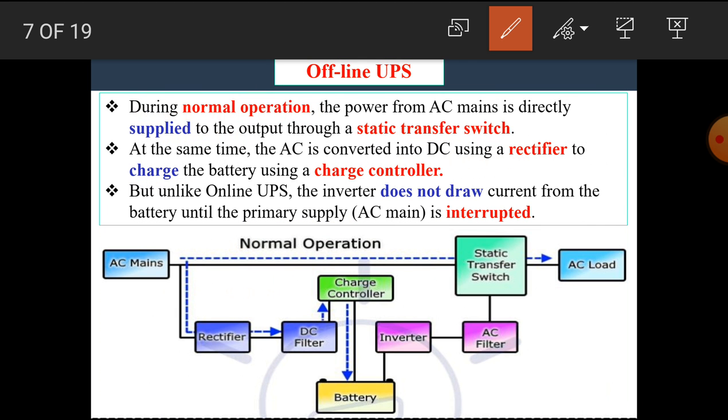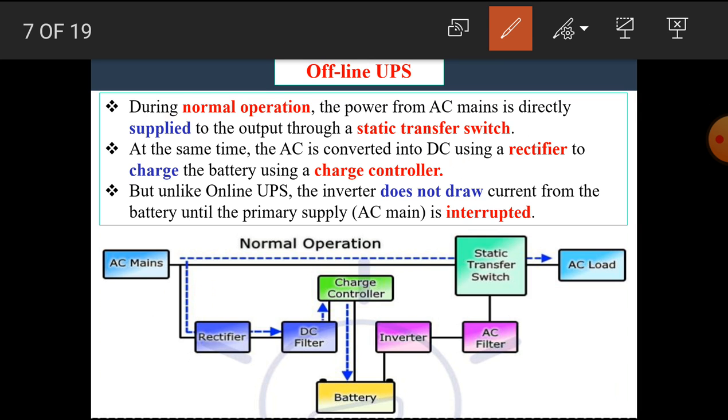That means in offline UPS we require a switch, and when the power failure occurs, then within 5 milliseconds the switch can provide the power through the backup device. The 5 millisecond time is enough to stop the computer from shutting down, but some instruments in hospitals are not sustainable for even a 5 millisecond delay. Hence this is not preferred practically.